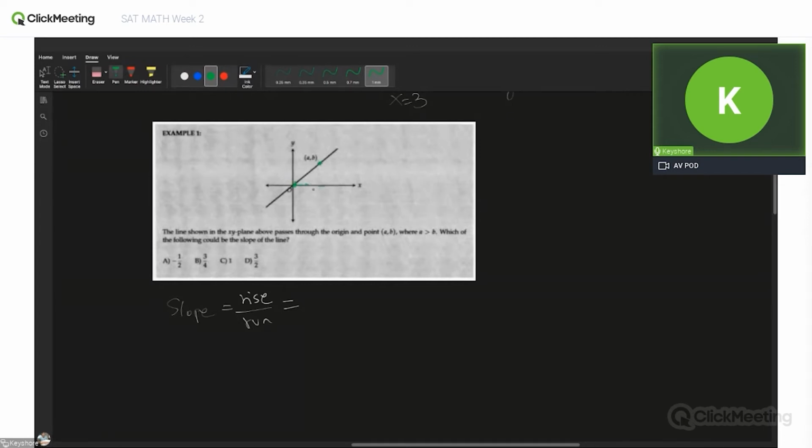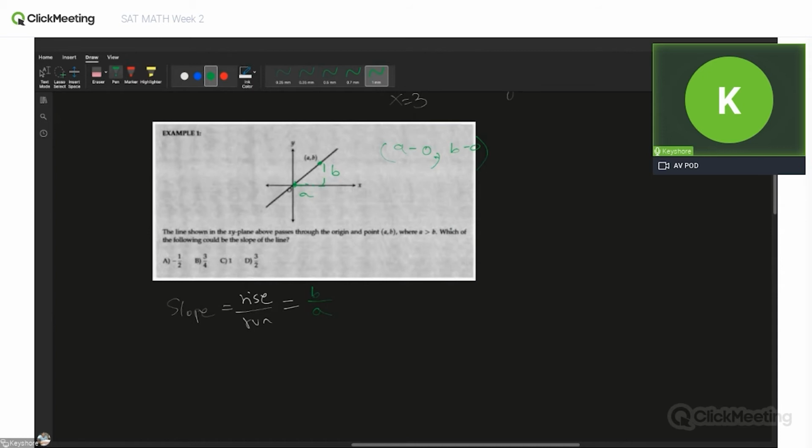The x change here is a, because that's the coordinate a. Mathematically, it's just a minus 0. Then the change in y is b minus 0, and hence delta x is a, delta y is b. So rise over run, rise is b, run is a.